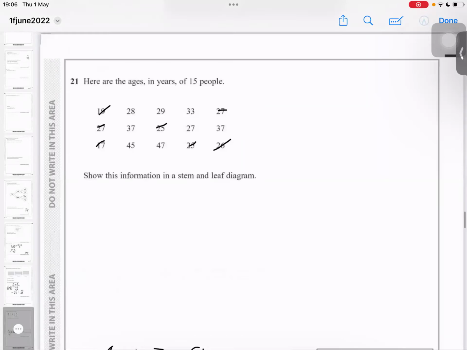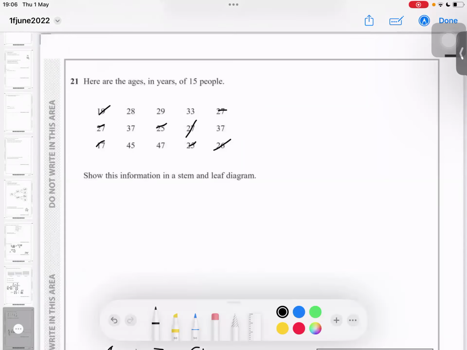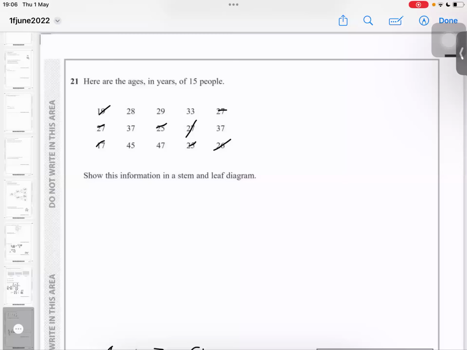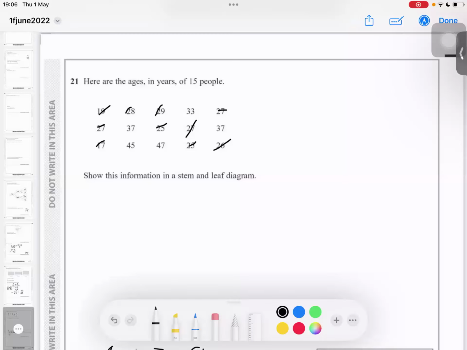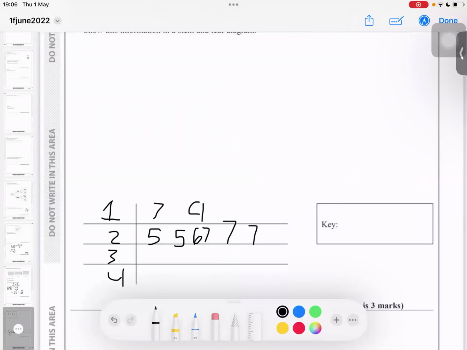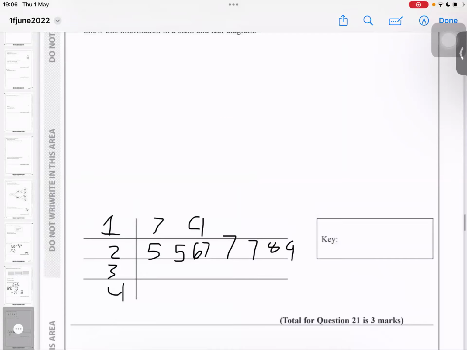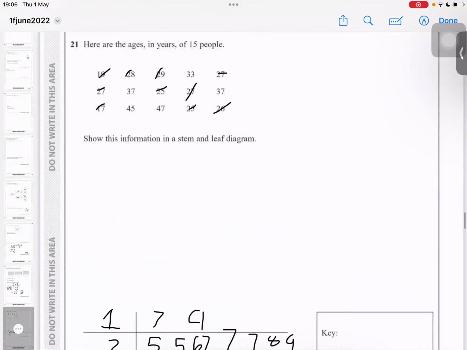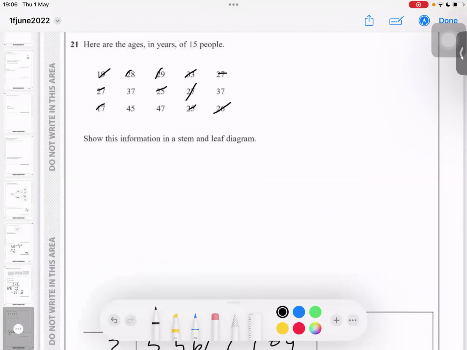Oh, nice. Then there's a 28. Oh, okay. There is 128 and 129. Yes. Okay. 8 and 9. Oh, nice. Okay. Then we have 33 and 37 in 2 places.